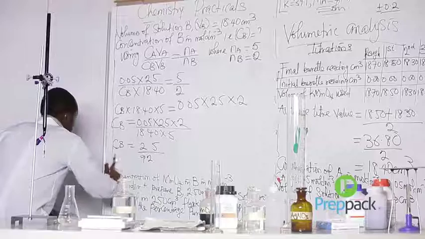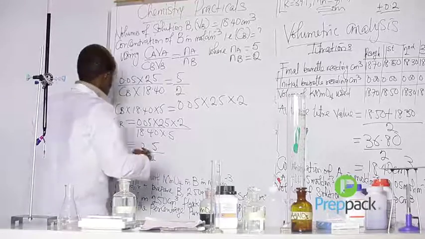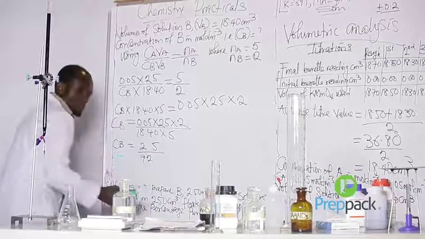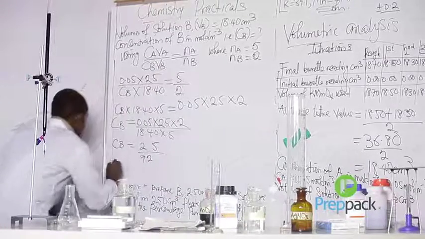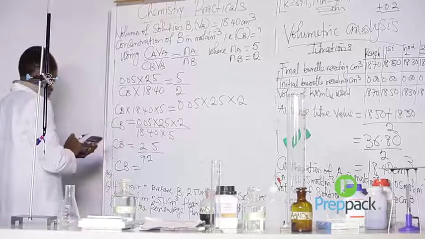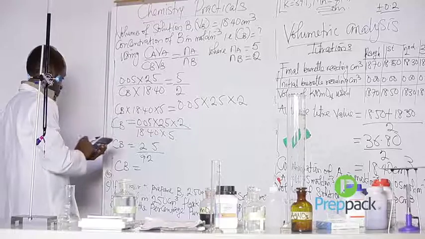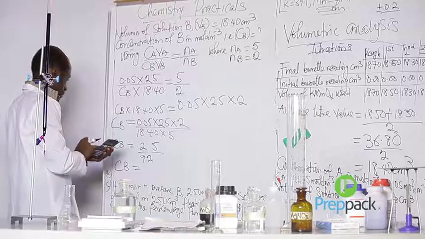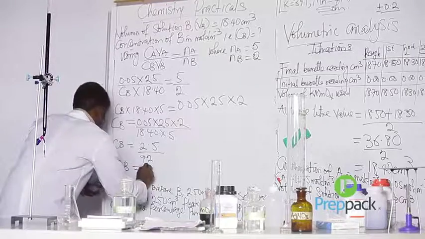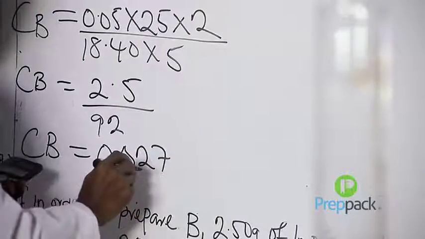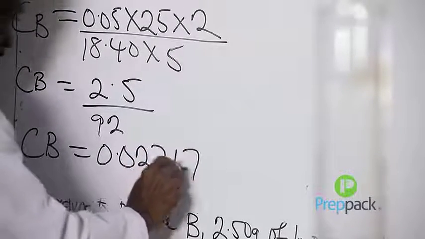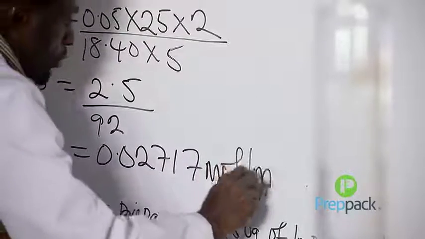So our Cb at this point becomes 2.5 divided by 92, which is 0.0271 mole per dm cube.